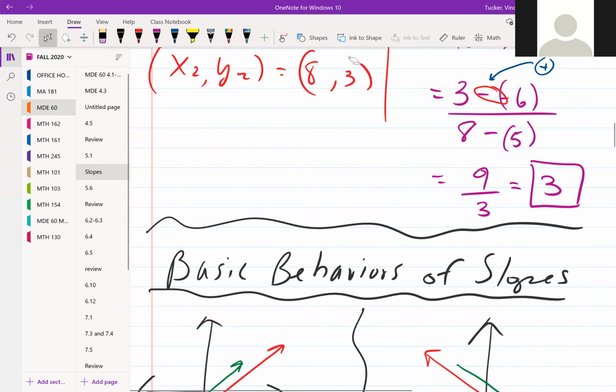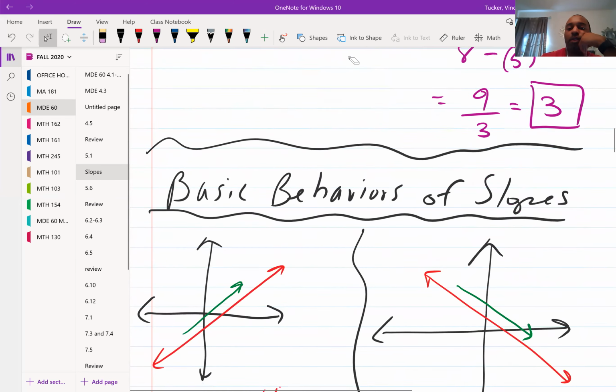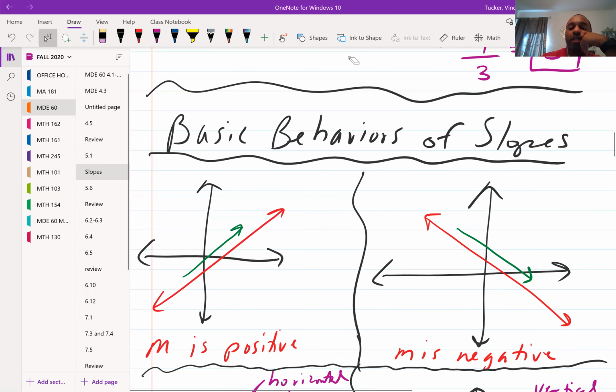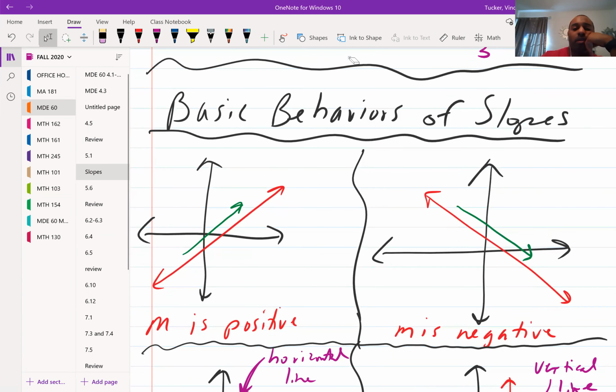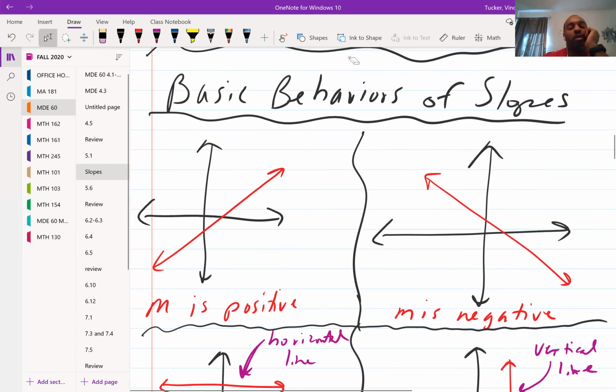All right. So basic behaviors of your slopes. We have 4 basic behaviors. First one, if your line is going up as it goes to the right, in other words, if you look at this, it's going up, your slope is positive. As it goes to the right, if it's going down, your slope is negative.